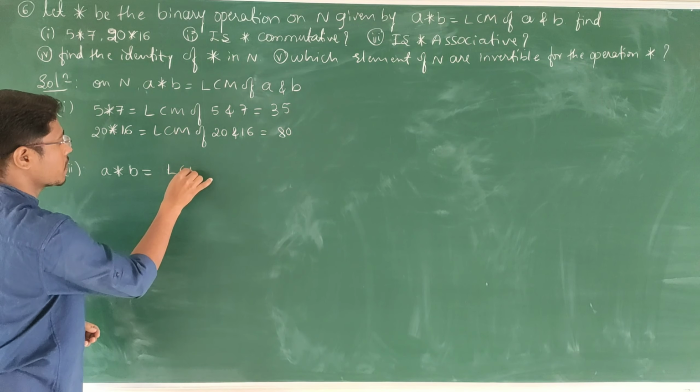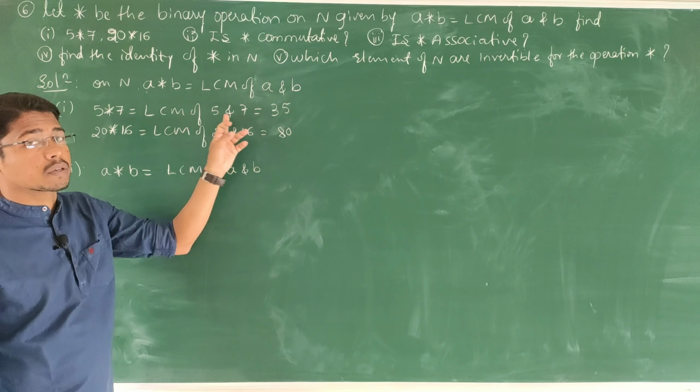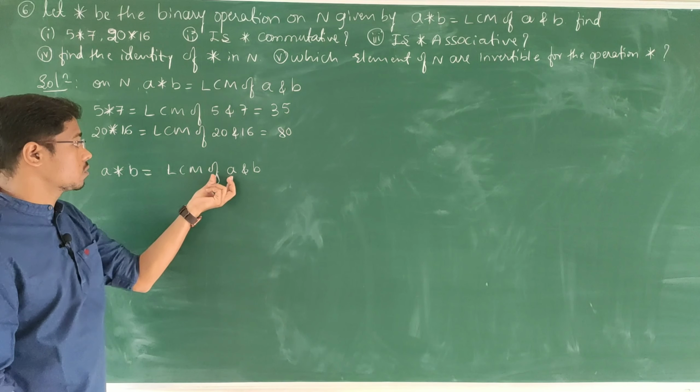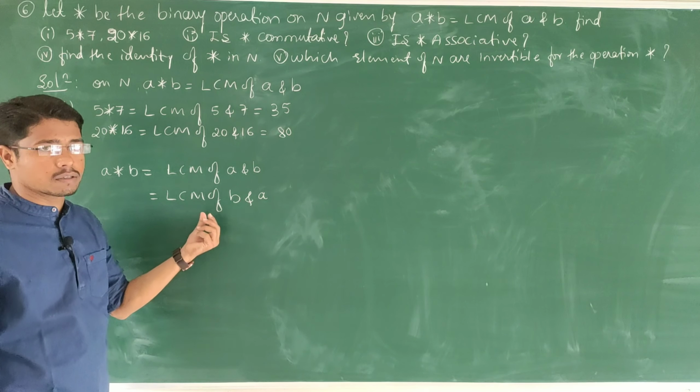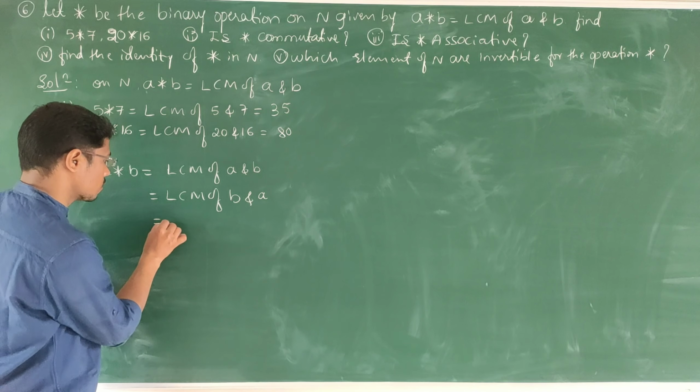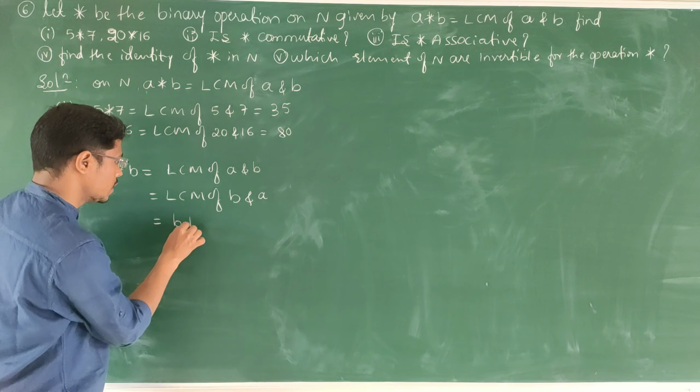See, the LCM of 5 and 7 is 35, and the LCM of 7 and 5 is 35. Therefore, we can write LCM of a and b as LCM of b and a, and this is equal to b star a. So a star b equals b star a. Therefore star is commutative.